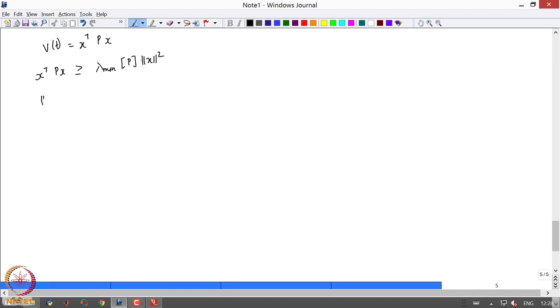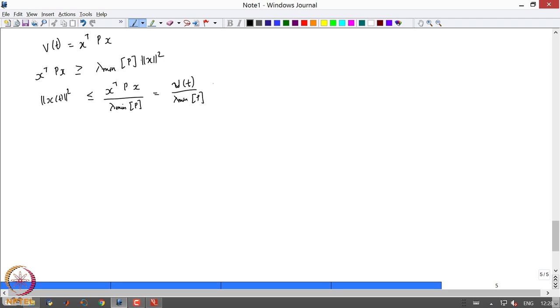First I can conclude that norm of x of t squared is less than or equal to x transpose P x over lambda min of P. Okay, what is x transpose P x? x transpose P x is the function which I defined earlier, V of t.